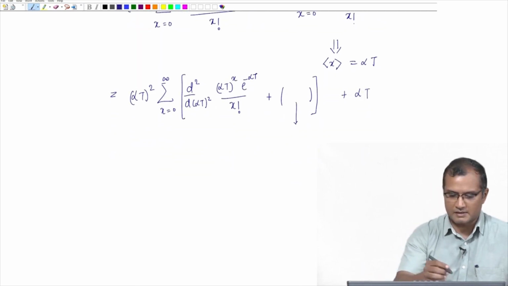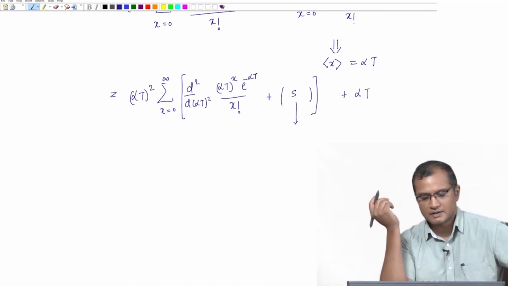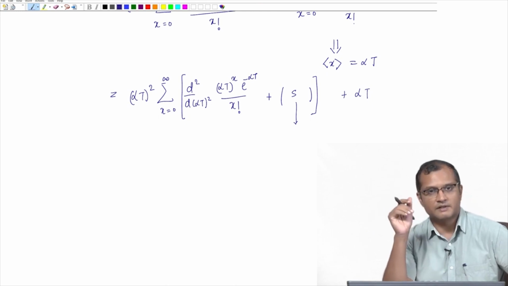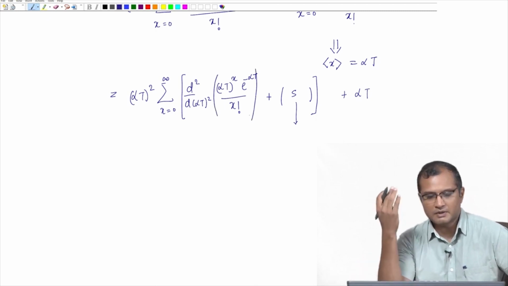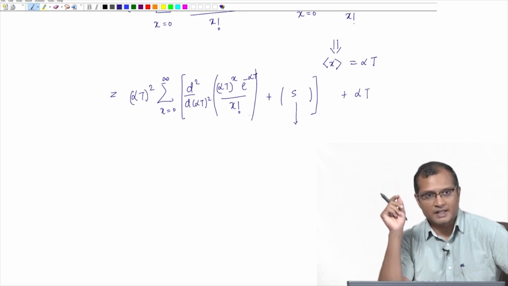Let us call this as some term s. Okay. So, just take the second derivative which is in the first bracket here, and whatever extra term comes you simply with the minus sign put here for s.